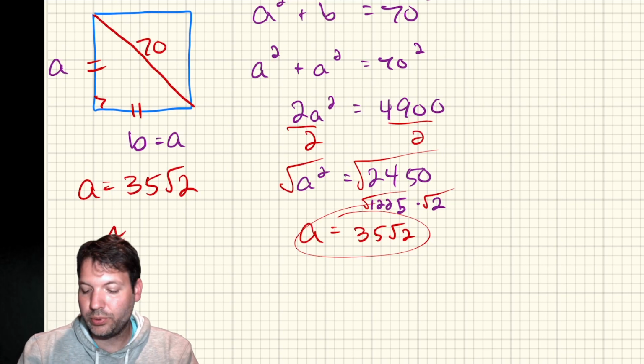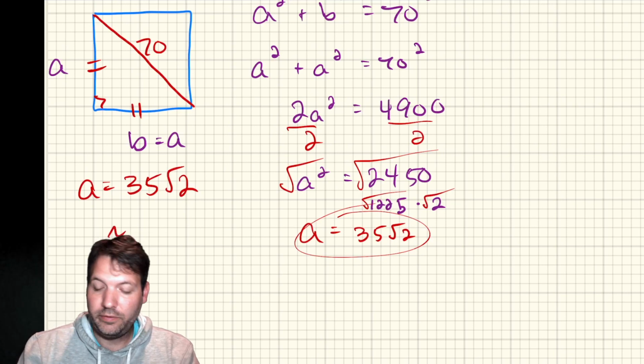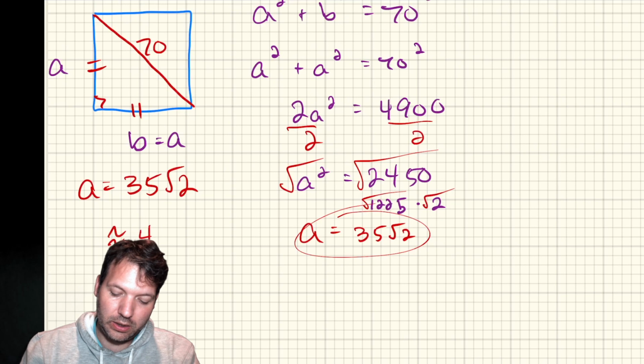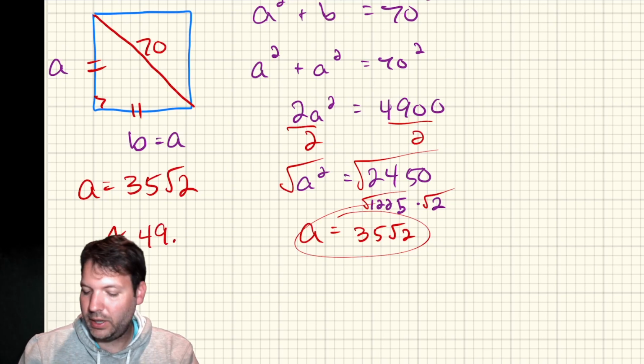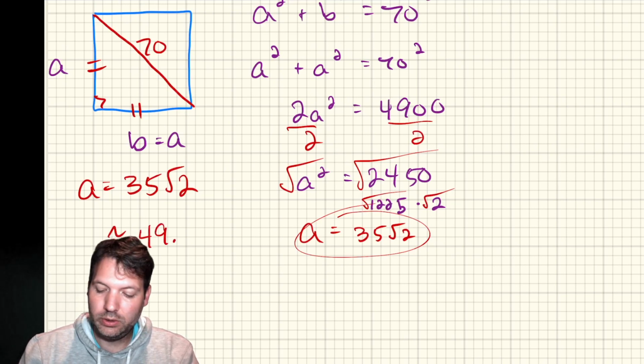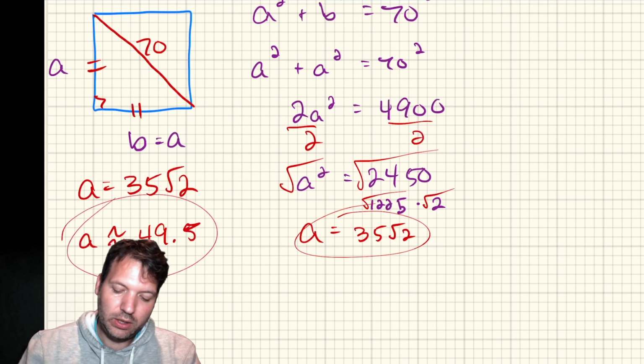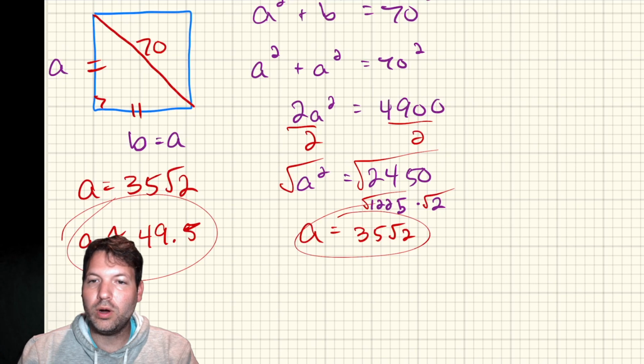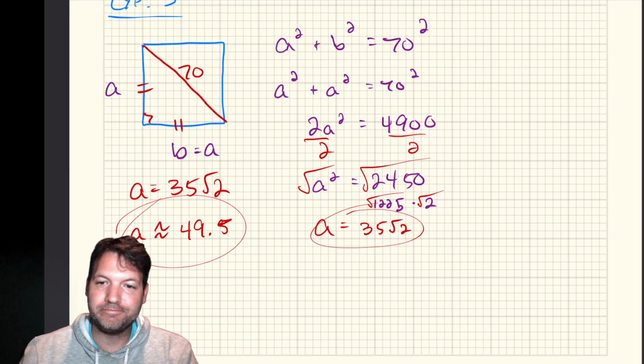That ends up being approximately 49.5-ish, I think. And so this would have a walkway pretty close to 50 meters. So yeah, you could use your calculator to figure that out.